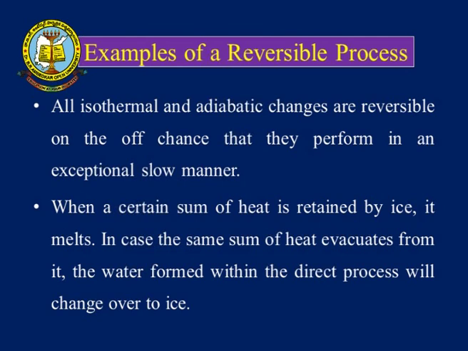And another example for this reversible process is when a certain sum of heat is retained by ice, it melts. In case the same sum of heat is evacuated from it, the water formed within the direct process will change over to ice.